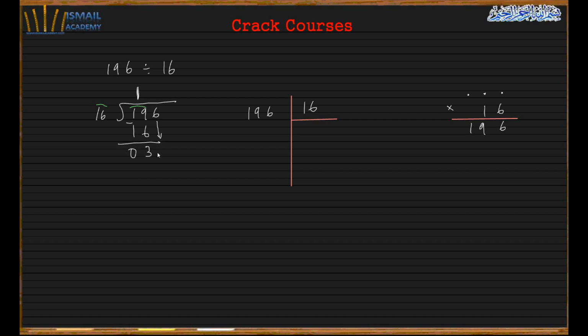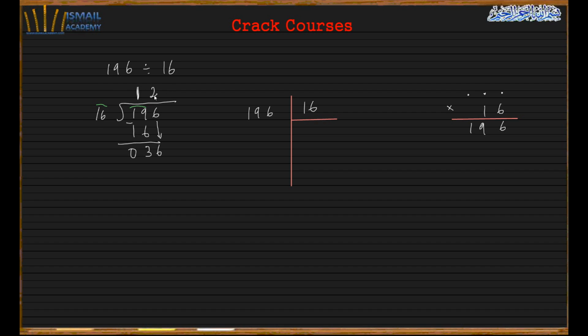I'm going to move 6 down. Again, I would ask the same question. Which number times 16 will give me 36 or the closest number to 36? The closest multiple of 16 to 36 is 32. So 2 times 16 is 32.